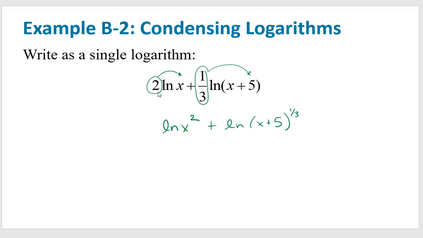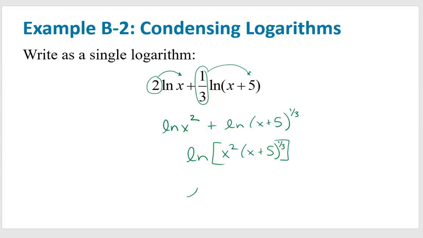And then once I've got the powers taken care of, I notice I have an addition problem, which means I'm going to use the product rule. So I'm going to keep the natural log, and then I'm going to multiply these two things. I'm going to multiply the x squared times the x plus 5 to the 1/3 power. And in my world, that's a perfectly acceptable answer. A lot of textbooks do like you to change back into root form with those 1/3 powers.